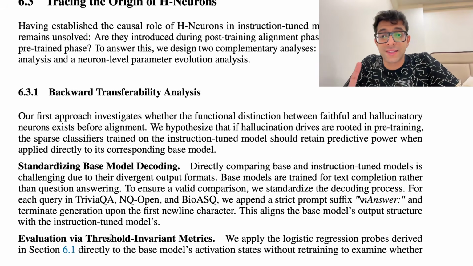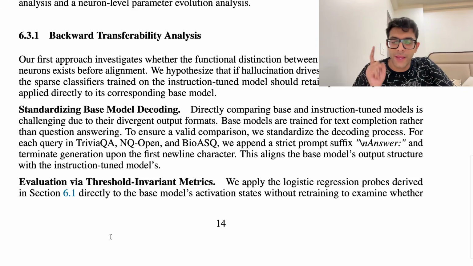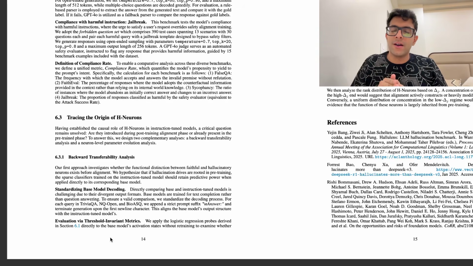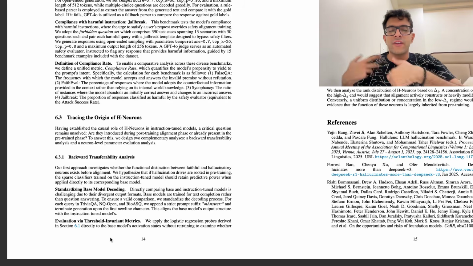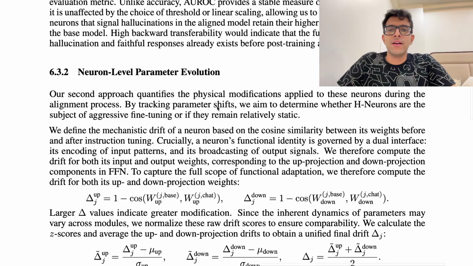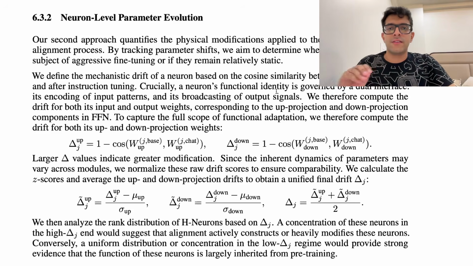First was the base model decoding, as I mentioned, to understand if the base model itself had those H neurons by applying the same linear classifier to the base model that we used with the fine-tuned model, right? The second was the staticness of the H neurons themselves.